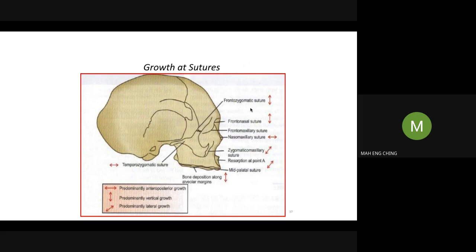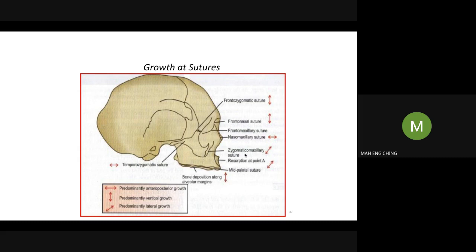Some sutures will grow, then the bone will displace upward and downward. For example, the frontozygomatic suture, which is horizontal. When this has deposition or resorption, the bone will displace in a vertical manner. If you have the frontomaxillary suture and the nasomaxillary suture, then the bone will push in a horizontal manner.